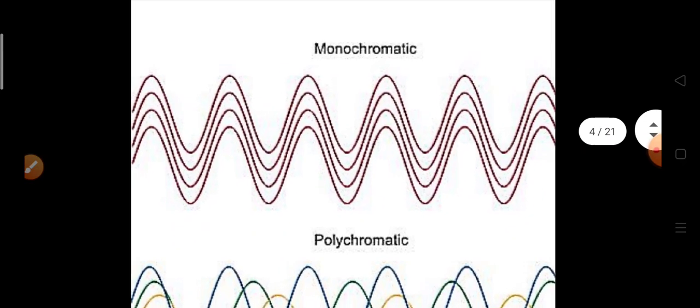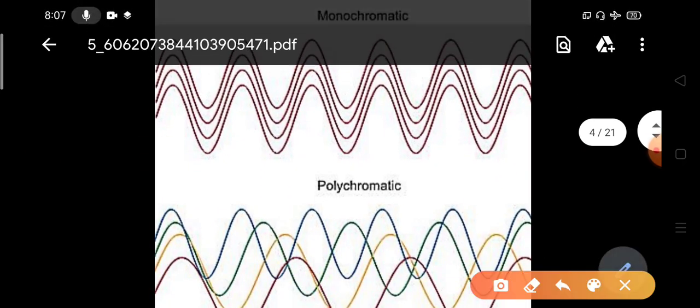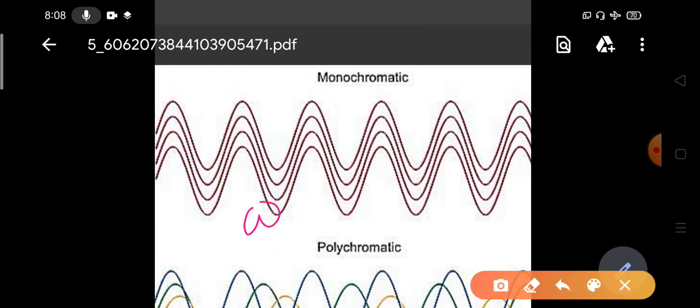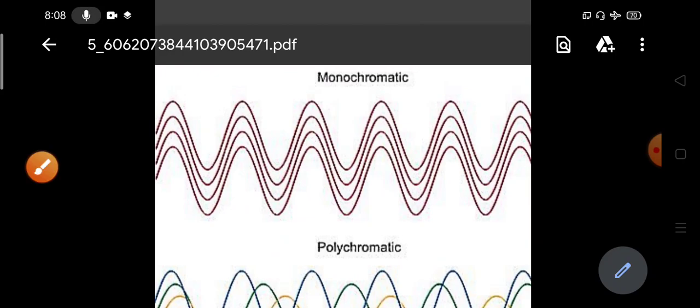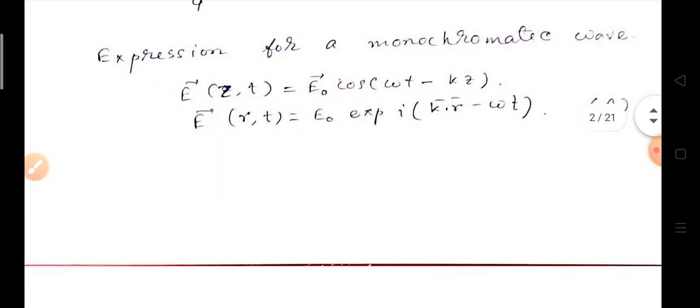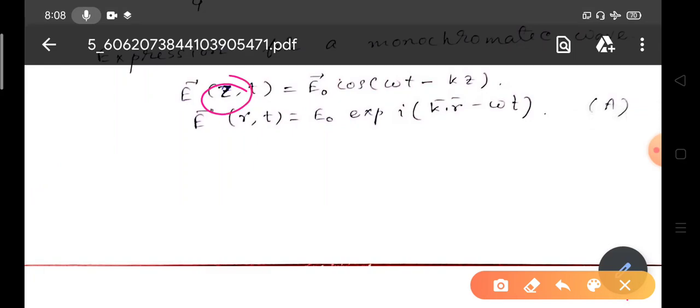Monochromatic means a wave having only a single frequency, that is, a single omega or a single lambda. Suppose this is our monochromatic wave propagating along the z direction.